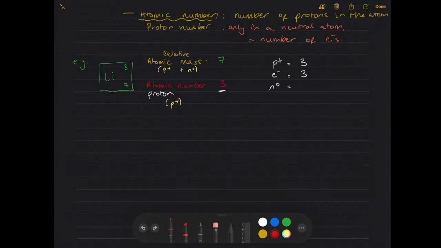A formula for this would be relative atomic mass take away proton number, or atomic number. In this situation, 7 take away 3 leaves us with 4. So the number of neutrons in the lithium atom is 4.